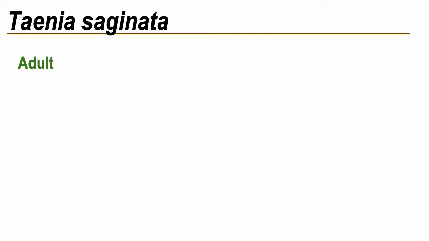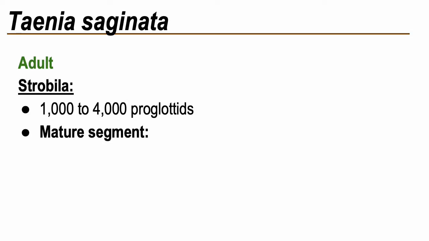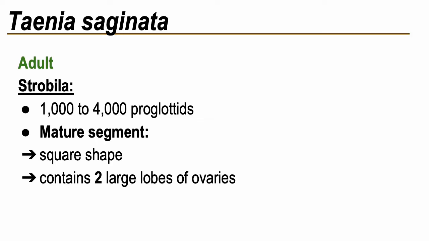Aside from the scolex, we can also differentiate Taenia saginata from Taenia solium through their strobila or the segments. The strobila of Taenia saginata contains 1,000 to 4,000 proglottids, which is fewer than that of Taenia solium. In terms of the mature segment, for Taenia saginata, it is a square shape, which has more lobes of ovaries.